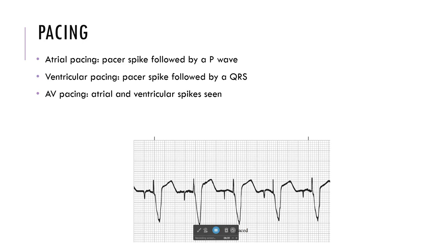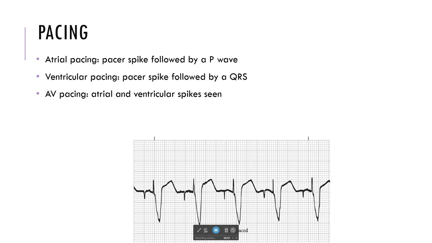All permanent pacemakers now are rate dependent, which means they get faster when the patient demands higher rates. Pacers have a set rate. Usually it's somewhere at 70 or 80, and it's important to know the set rate because the patient should not ever have a rate less than the pacemaker.